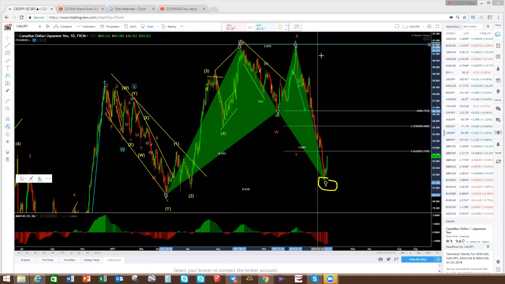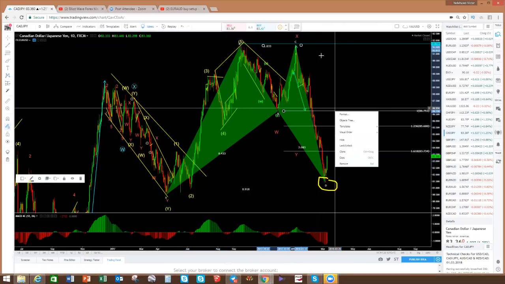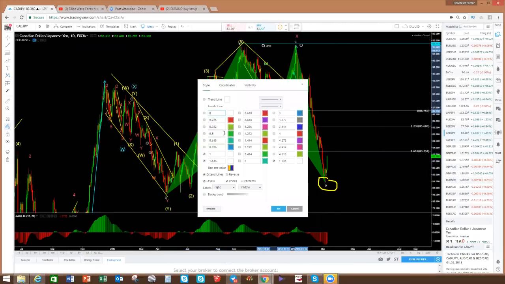Those are advanced patterns. We trade advanced patterns with the wave structure, so it has to fit snugly into the wave structure. If it doesn't, then it's probably not correct. Okay, there's my 88.6. If I can't find it, I'll just do it here quickly.